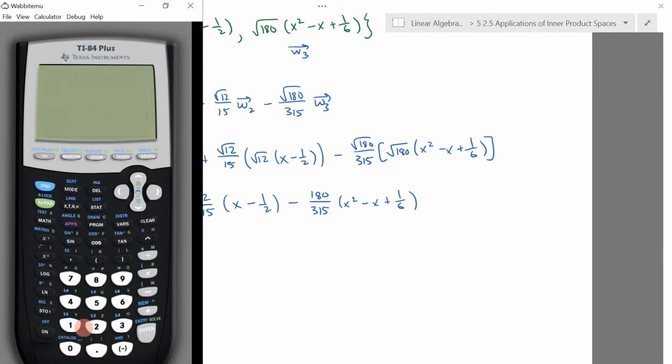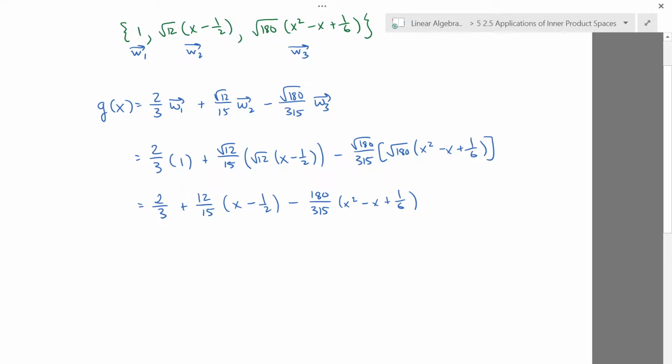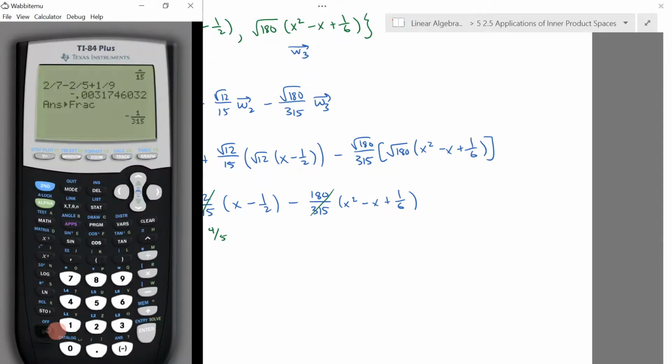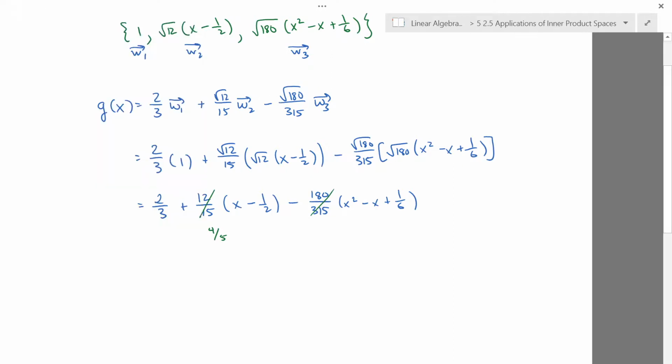So what is 12 over 15? 3 goes into both, so 12 divided by 3 is 4, and 15 divided by 3 is 5, so that's 4/5. And what is 180 over 315? So it reduces to 4/7.